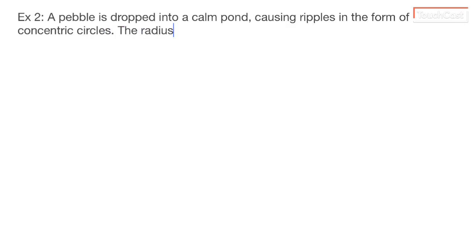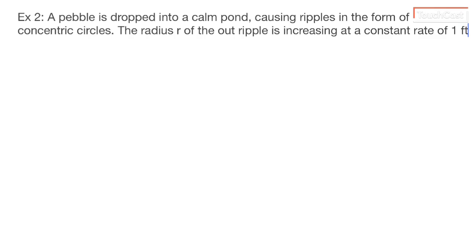The radius, r, of the outer ripple is increasing at a constant rate of 1 foot per second.